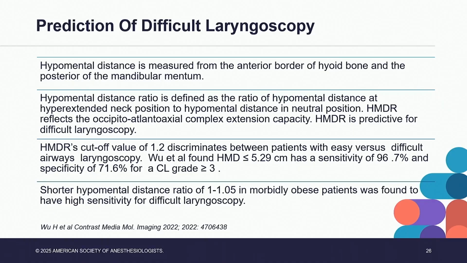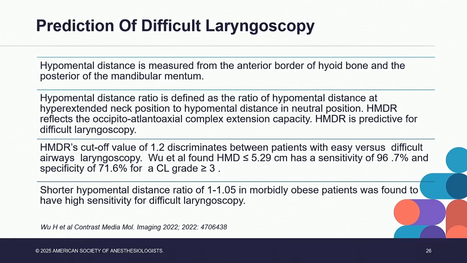The hypomental distance ratio reflects the occipito-atlantoaxial complex extension capacity, and HMDR is predictive for difficult laryngoscopy. They found that an HMDR cutoff of 1.2 discriminates between patients with easy versus difficult laryngoscopy.